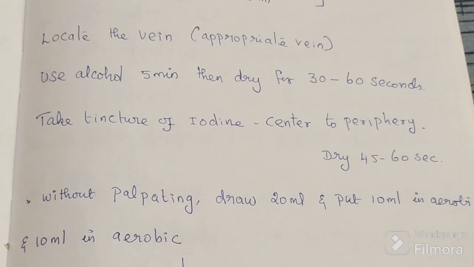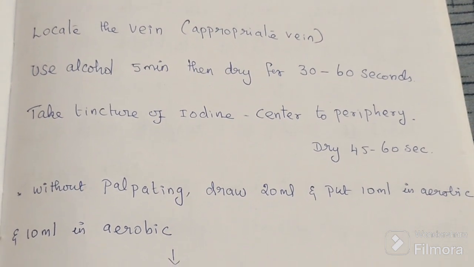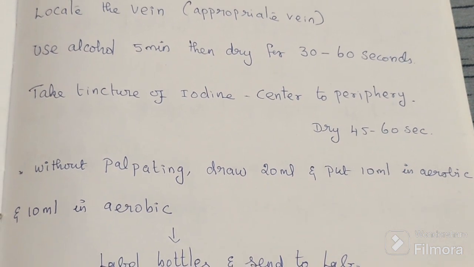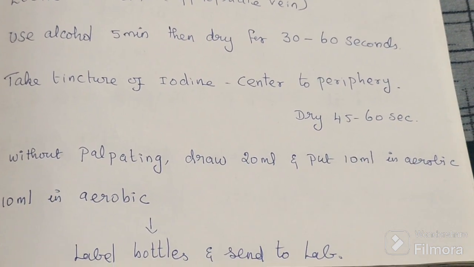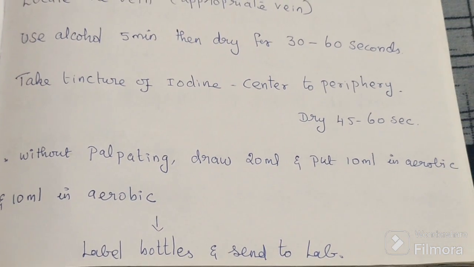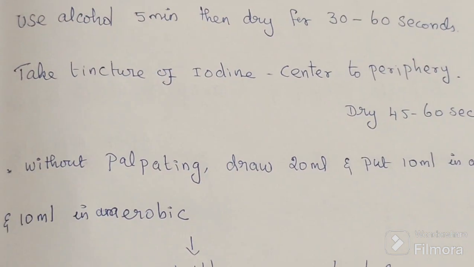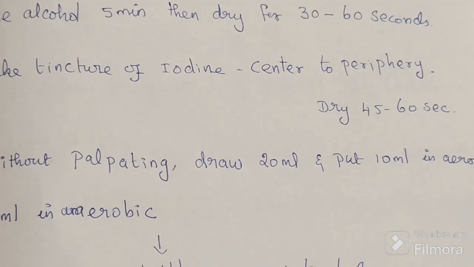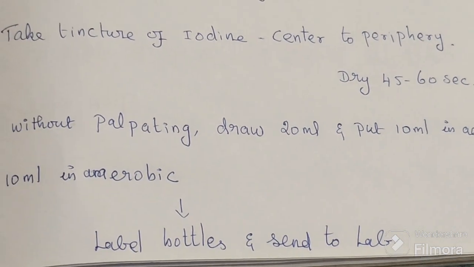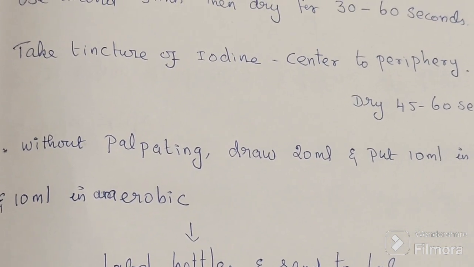Without palpating, draw 20 ml. Of this 20 ml, put 10 ml in the aerobic bottle and 10 ml in the anaerobic bottle. Label the bottle and send to the laboratory.